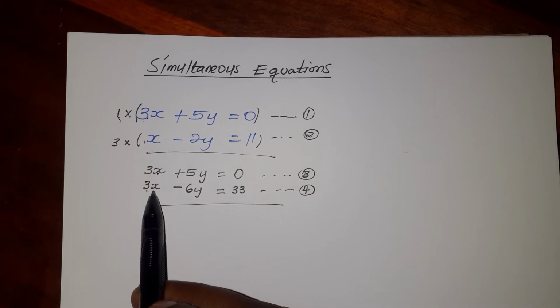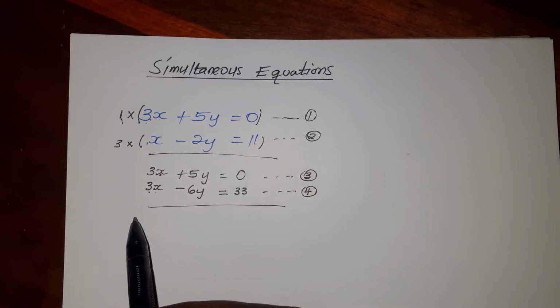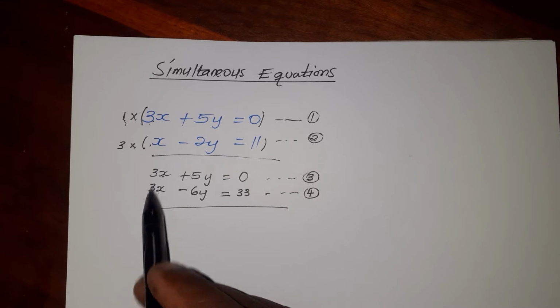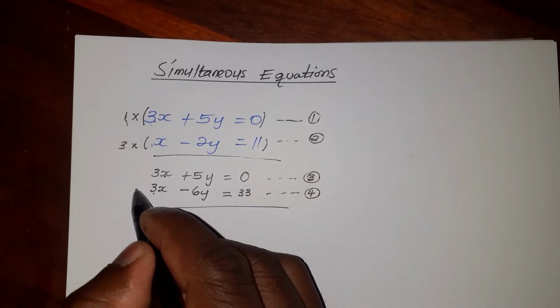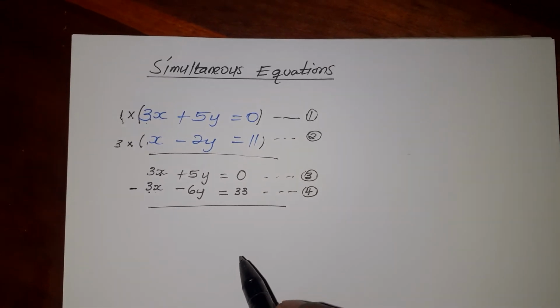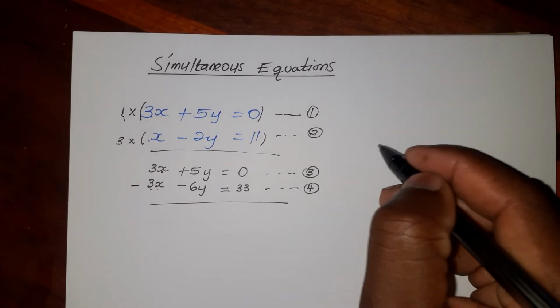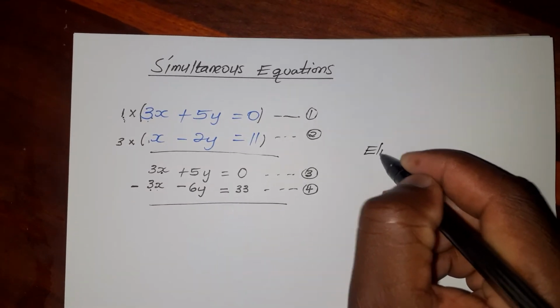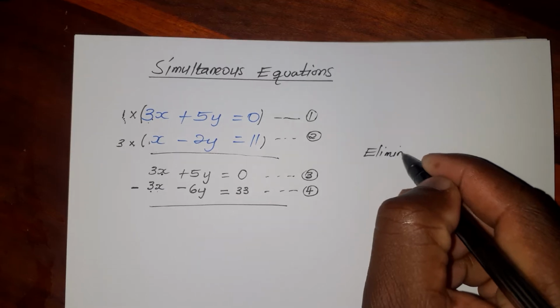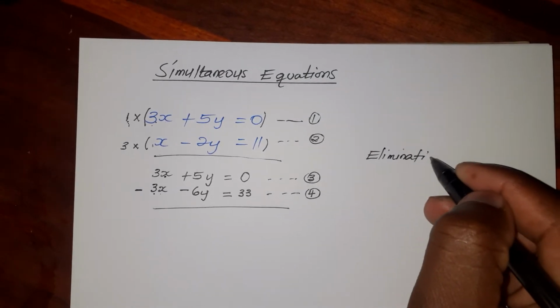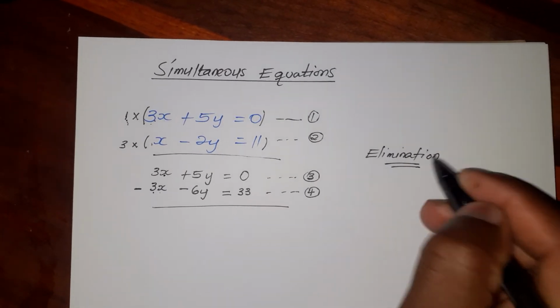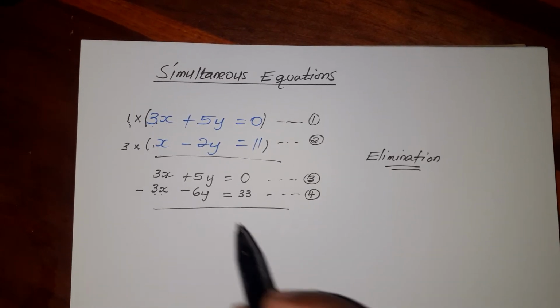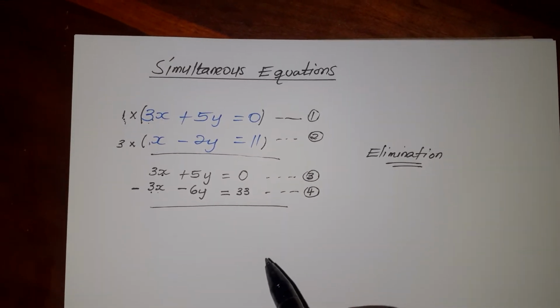The reason for that is because they have the same coefficients. Now, how do we get rid of this? By subtracting. That's why this method is called the elimination method. We want to eliminate the term with an x.